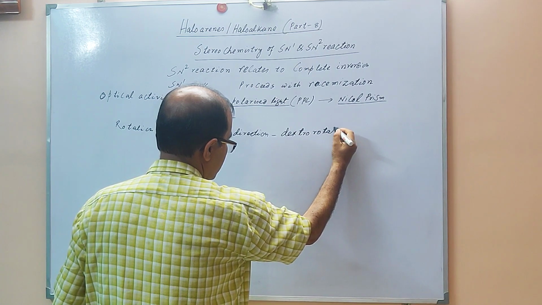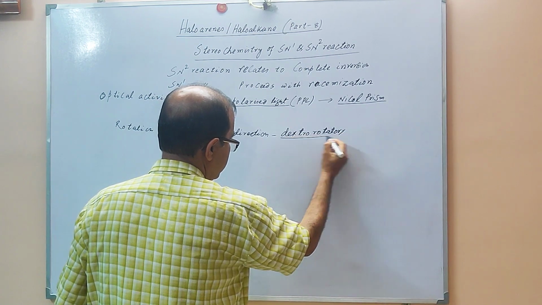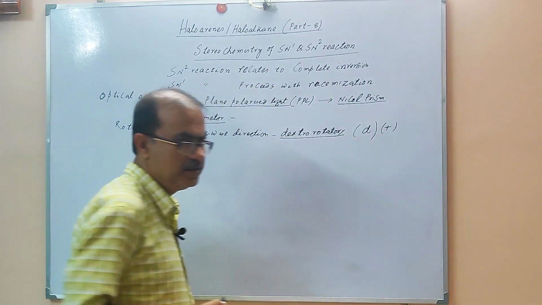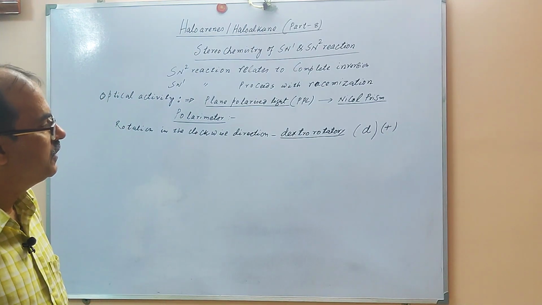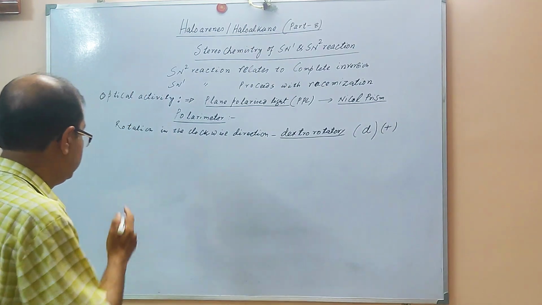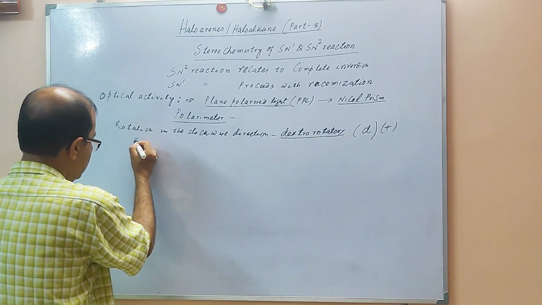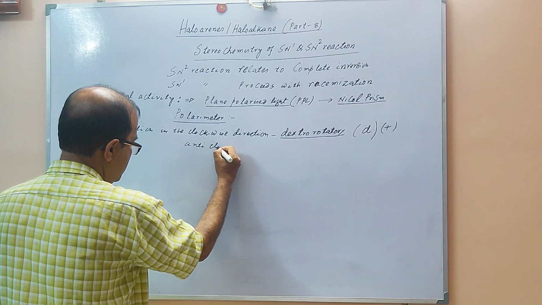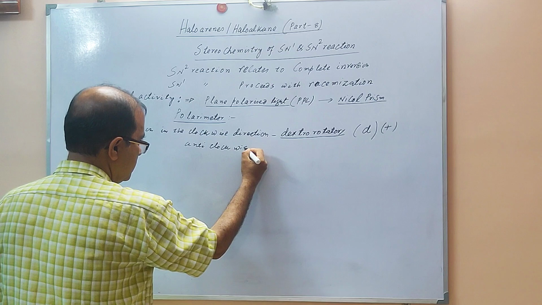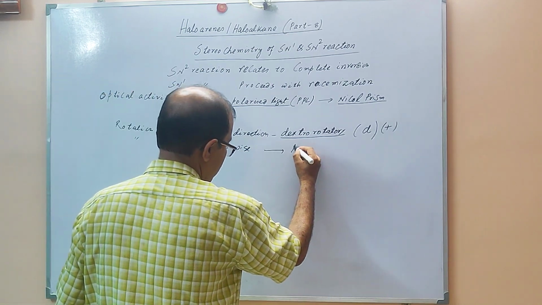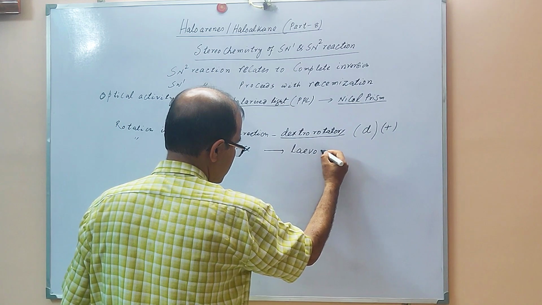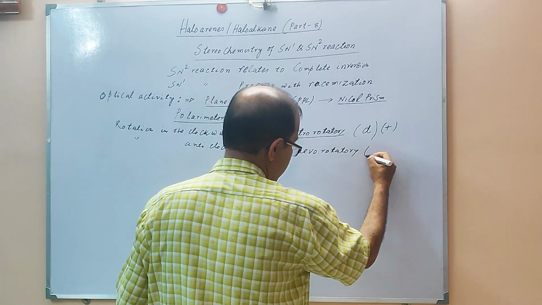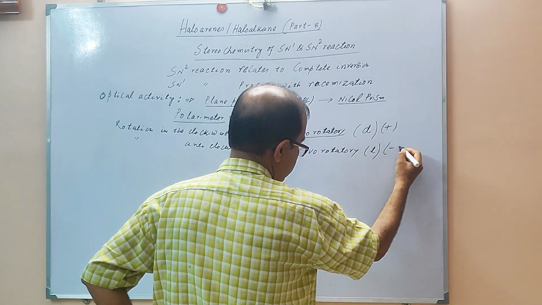It is designated as D, and a plus sign is given in front of the degree of rotation. And rotation in the anti-clockwise direction is called levorotatory, and it is designated as L, and this is the minus.